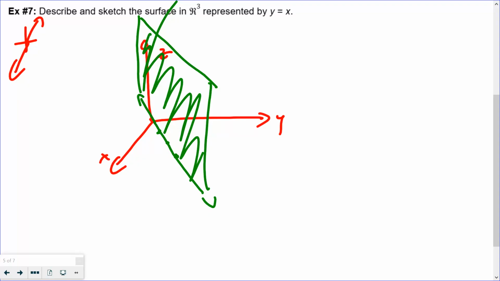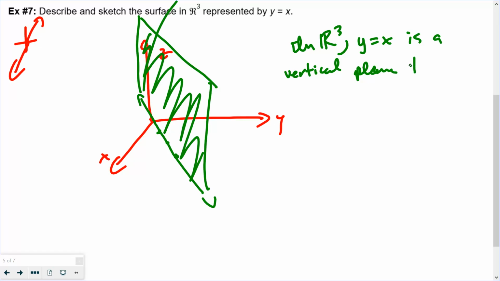I think I can. Okay, my drawing isn't the best in the world, but let's make a little note. So in 3 space, y equals x. Once again, it looks like it's vertical, heck yeah, it goes straight up and down, doesn't it? It is a vertical plane, okay, that intersects.